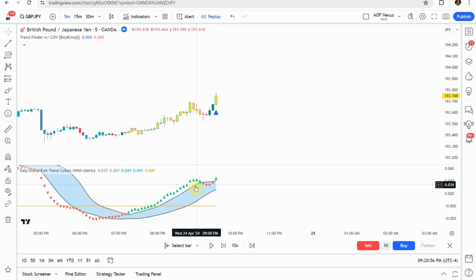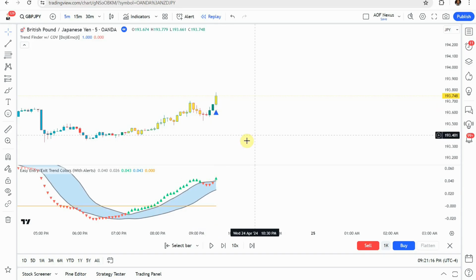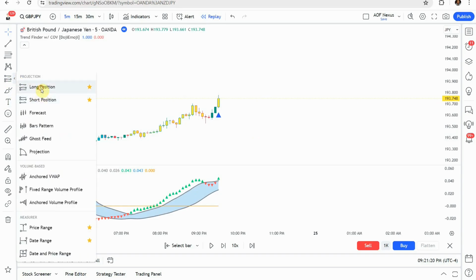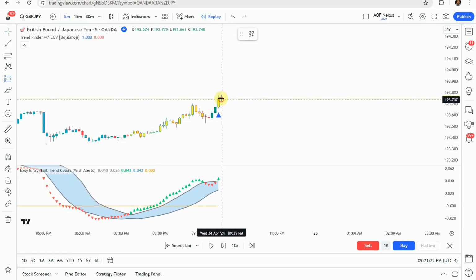And we want both of these lines that are on the outer side of this cloud to be above this orange line right here, this 0 line. And then lastly, we want a green arrow to be present at the same time we get the blue arrow. Once those line up like that, that's going to be your signal to enter into a long.